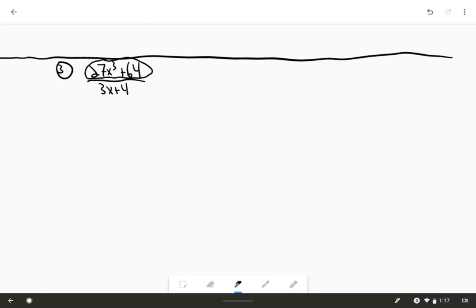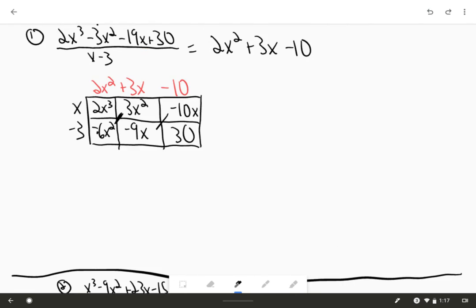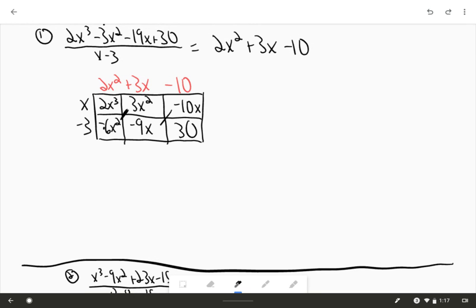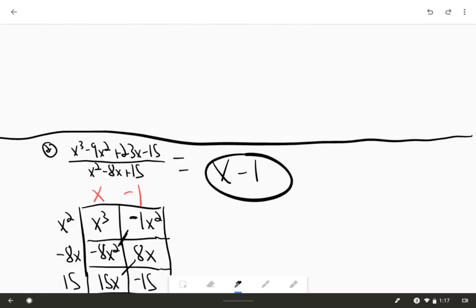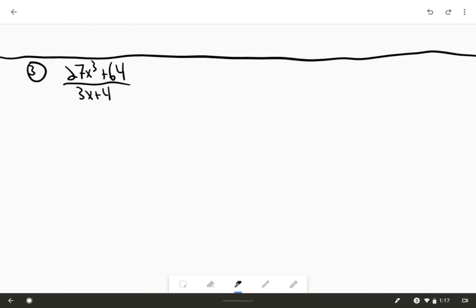I started out with an x cubed term, but I don't have an x squared term and I don't have an x term, okay? In my first two examples, I had an x cubed term, an x squared term, an x term, and a constant term. Same thing with number 1. I had an x cubed term, an x squared term, an x term, and a constant term. Here I skip that. So because of that, I have to account for it.